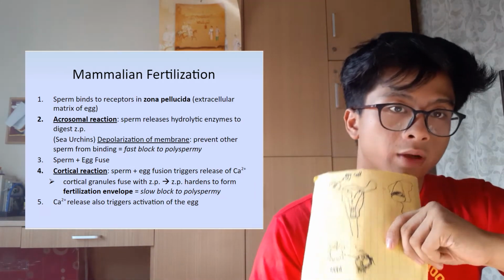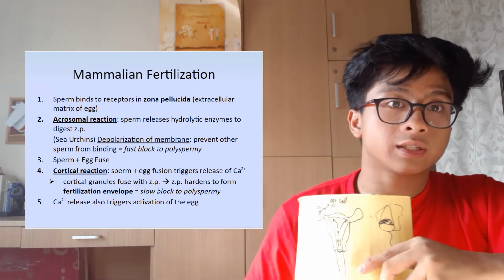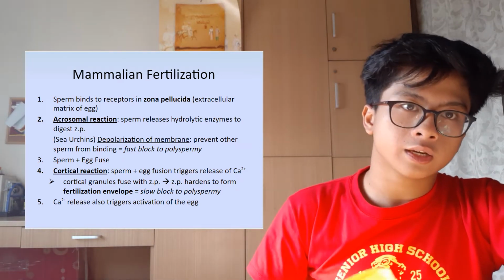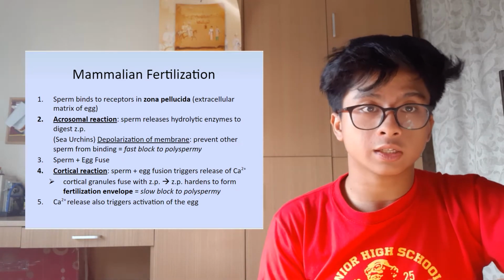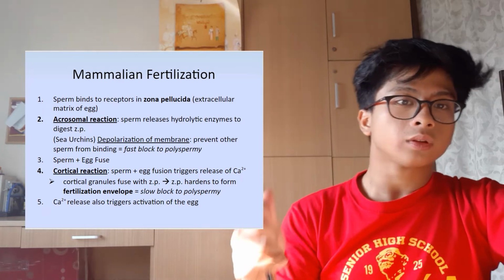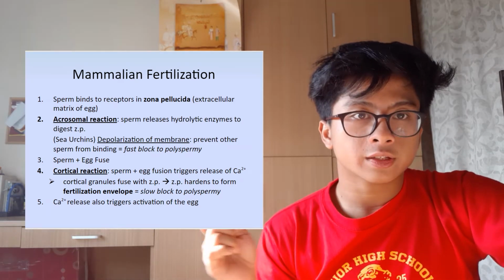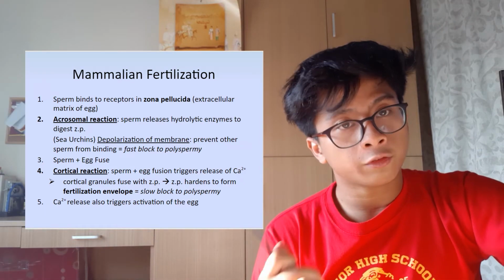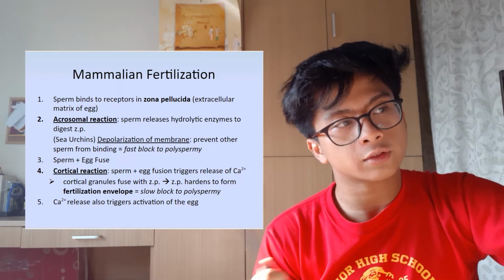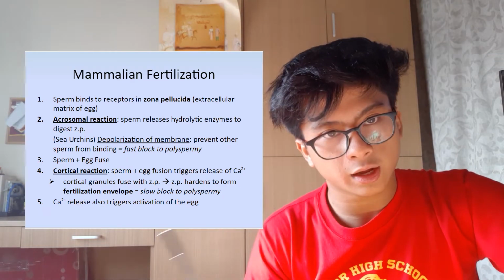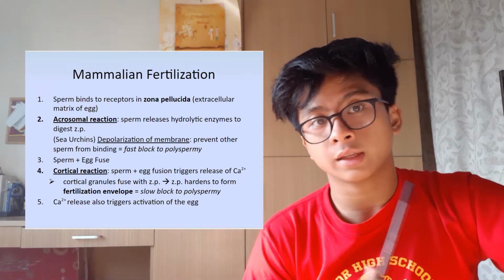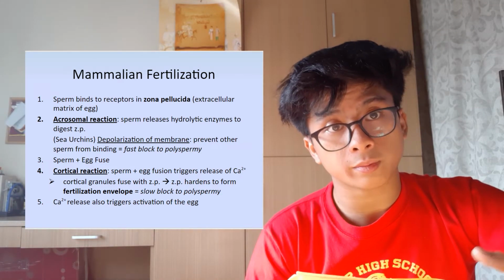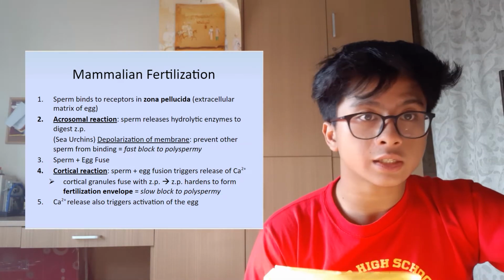Polyspermy, as I said before, is the fertilization of a single egg cell by two sperm cells. So here we can see a fast block to polyspermy and a slow block to polyspermy. A fast block lasts for almost a tenth of a second, again as stated by bio.edu, and a slow block lasts for about 10 seconds or more.